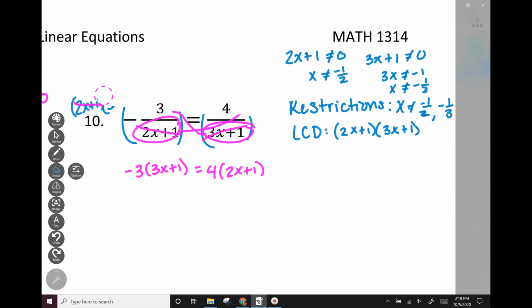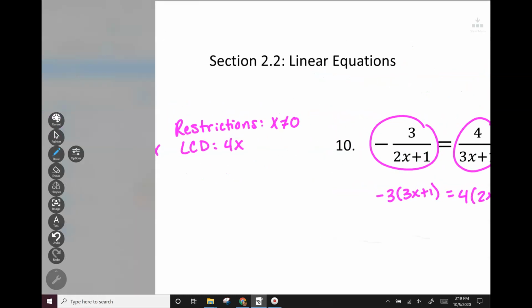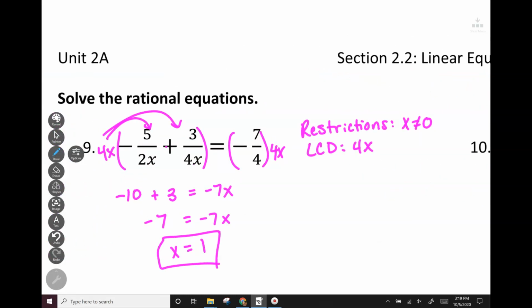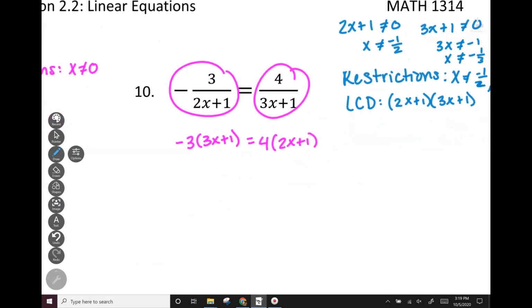So let's reverse. And here's what you can do. The situation is you've just got one term on each side. So not like over here where I had a plus sign, I had multiple terms on the left-hand side. And on the previous problem, I also had multiple terms on the left-hand side.